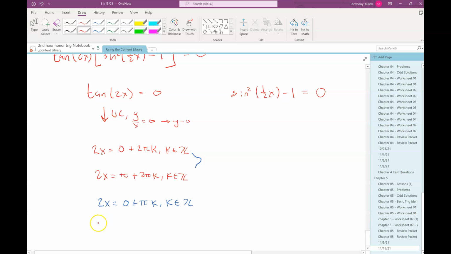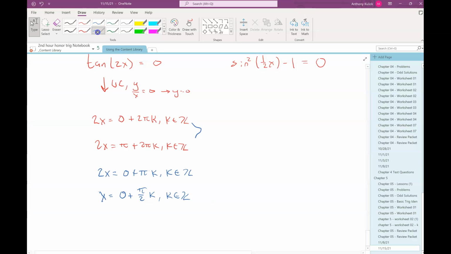So if I divide both sides by 2 then, actually let's write that as pi over 2 instead of 1/2 pi. So 0 is our base solution. If I subtract 1/2 pi, it's negative.